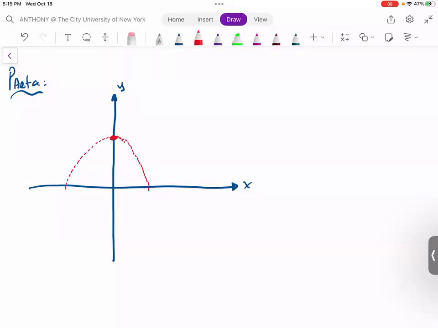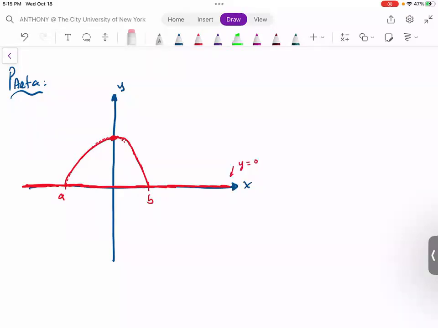Okay, so we have our A to B, and here we go. And we also know that it was bounded by the, sorry, not the y-axis, the x-axis, because that's y equals 0.